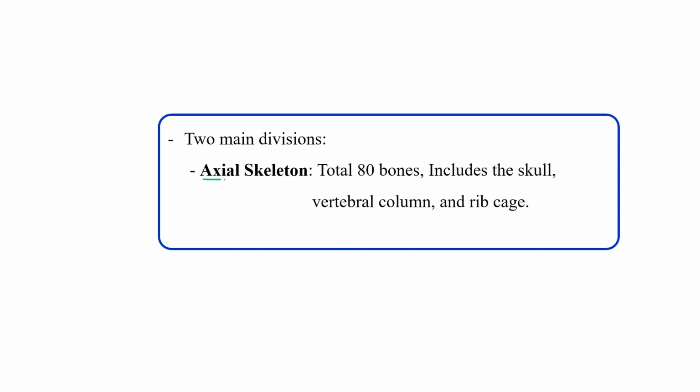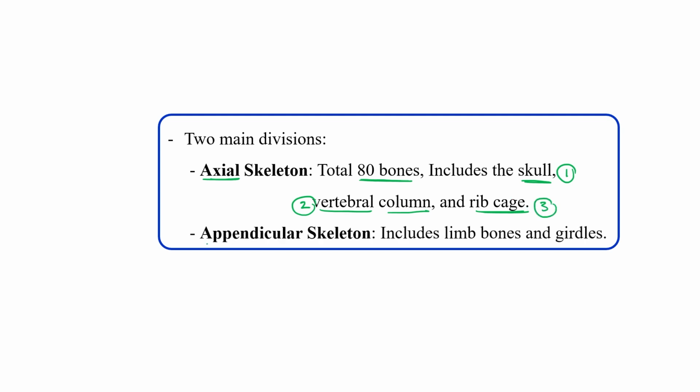First one is the axial skeleton, in which a total of 80 bones are there, including the skull, vertebral column and rib cage. These are the three parts which come under the axial skeleton system. Second is the appendicular skeleton system. First is axial, second is appendicular. This includes the limb bones and the girdle bones.